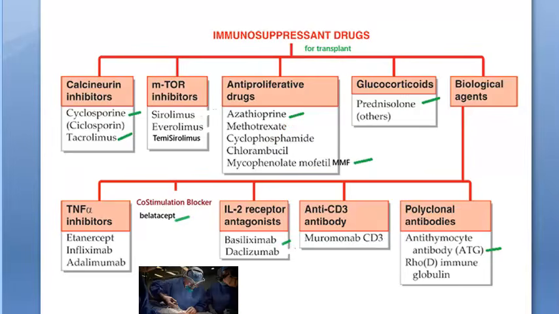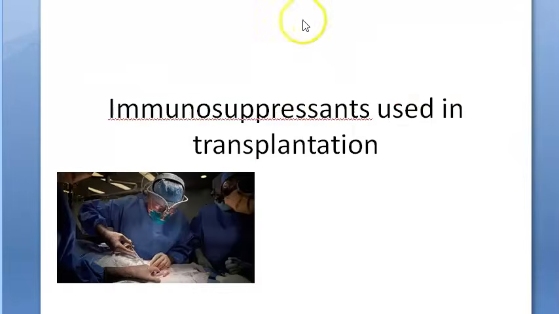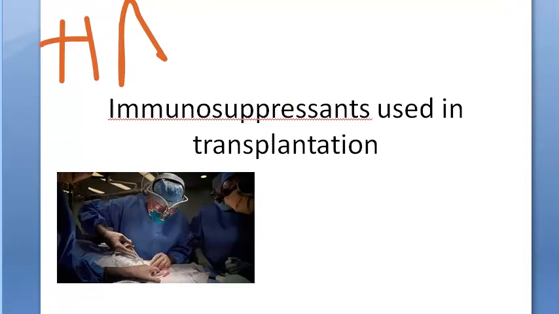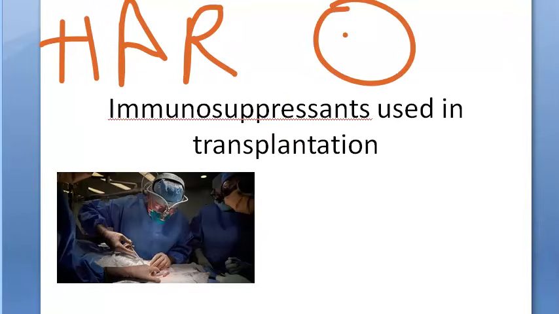Now, when you do a transplant, do you only rely on immunosuppressants? No. You will also do pre-transplant testing, HLA matching, I hope you know this. There are many types of rejection. Hyperacute rejection happens within minutes to hours, as soon as you give it, it is rejected.